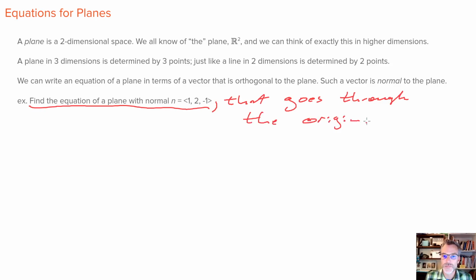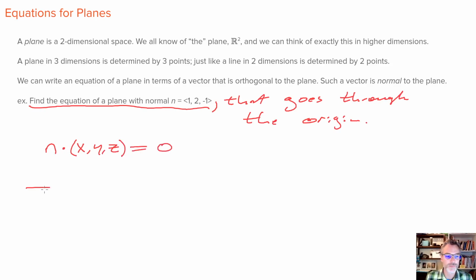Okay. So I know, in particular, if I sub in 0, 0, 0, the origin, I should get 0 back. But let's do it. This plane is described by all x, y, and z, so that when I dot that point with the normal, I'll get 0 back.